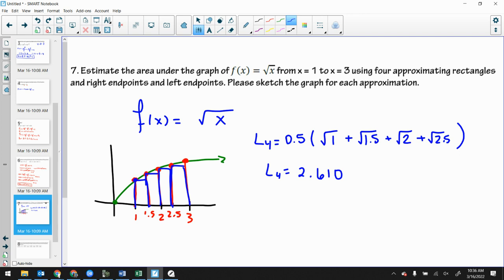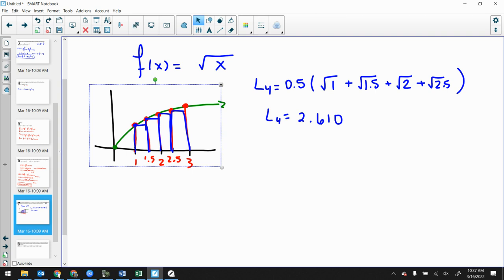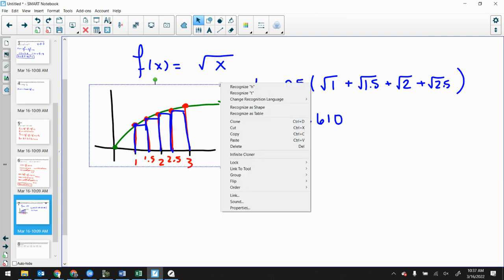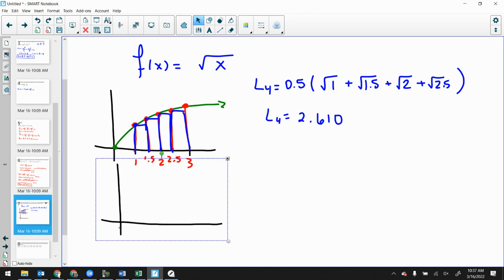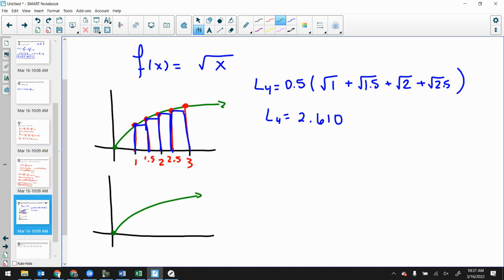Now, I'm going to do that exact same thing, but instead of left side, I'm going to use right side. Oh, it didn't clone everything. Okay. I'm just going to sketch this in again. Here is 1, 2, and 3.